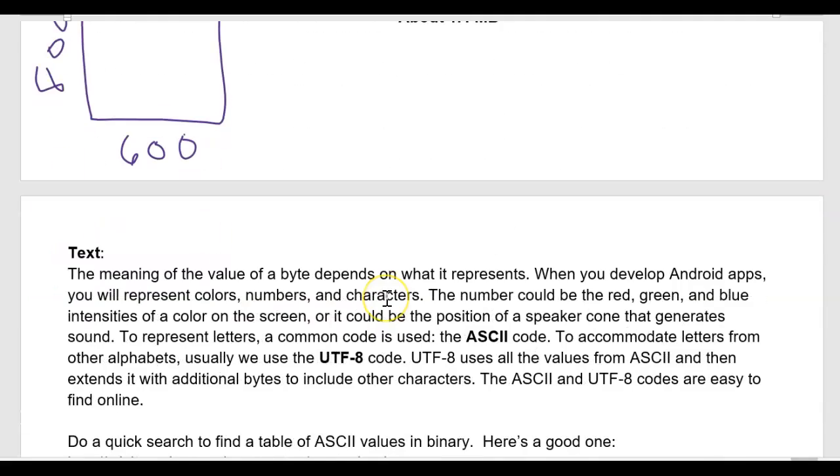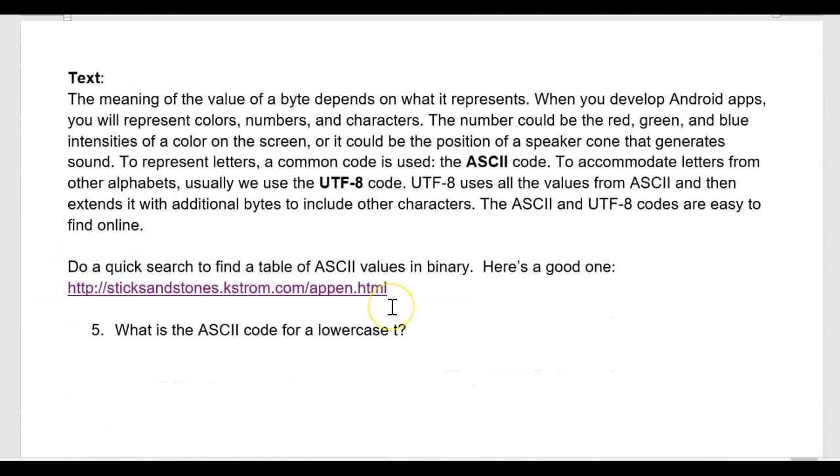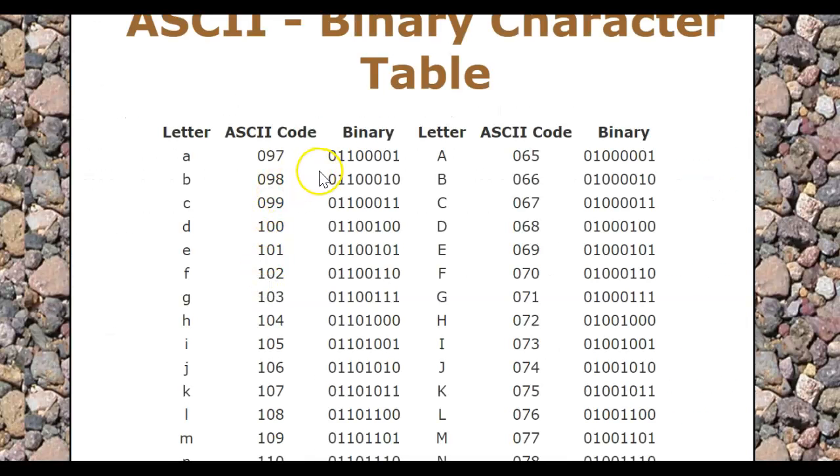Alright, and then the last thing we're going to talk about is text. So text can also be displayed on a computer using a binary value for that. And so, for example, if I go to this website, these are ASCII values or Unicode values for each of the different letters.